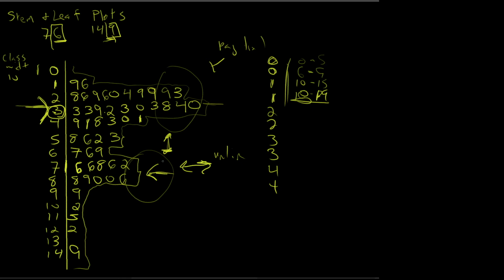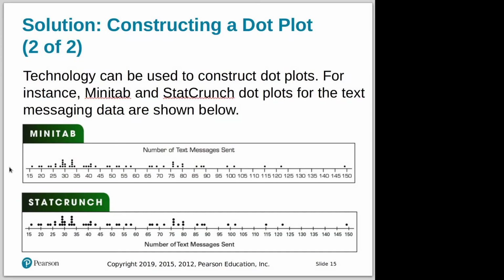Now I'm going to switch over to the PowerPoint and show a dot plot, which is related to the stem and leaf plot. The same data on a dot plot looks like this. You put a dot where each number would come on the number line, and you still get your visualization.